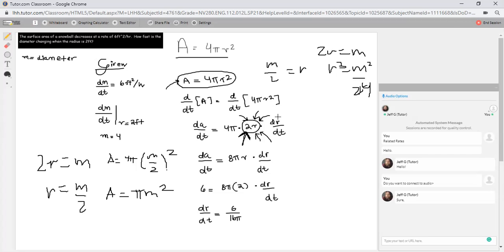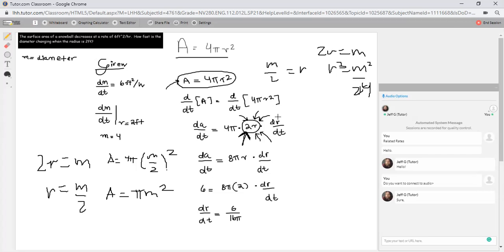In doing so, we said that 2r is equal to m. We can then solve for r and express r as m over 2, substitute that back into the original formula and get m over 2 squared, then solve and cancel out the 4's. That means the surface area is equal to pi m squared.